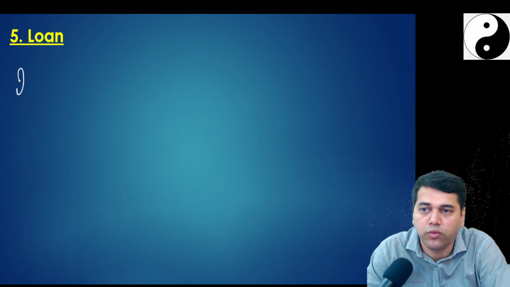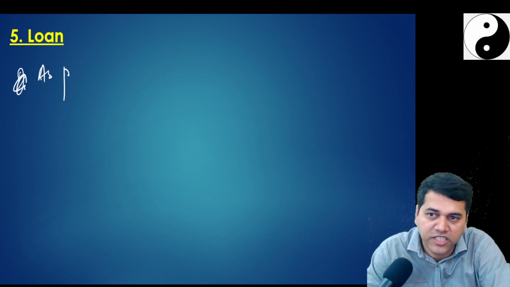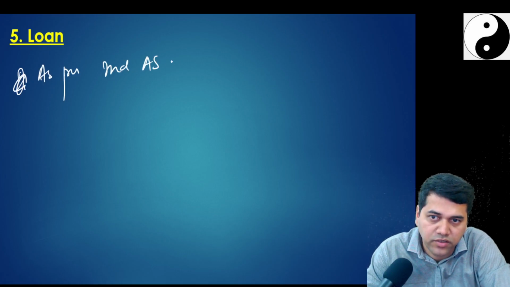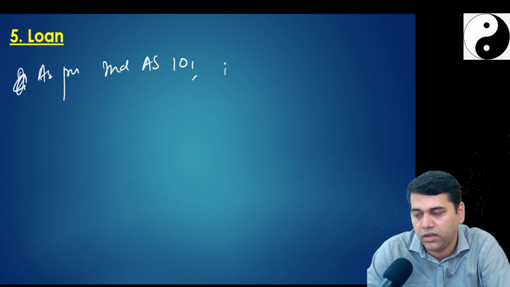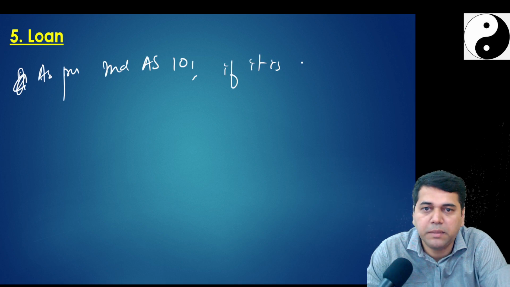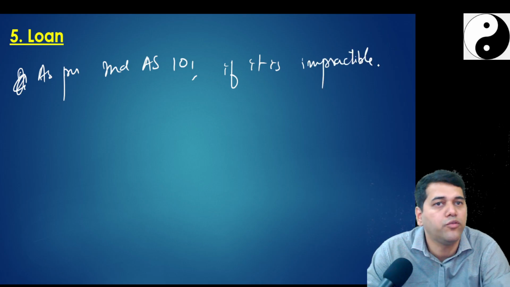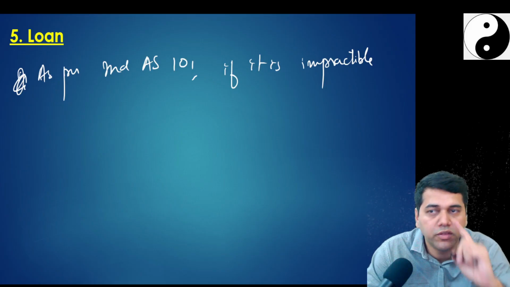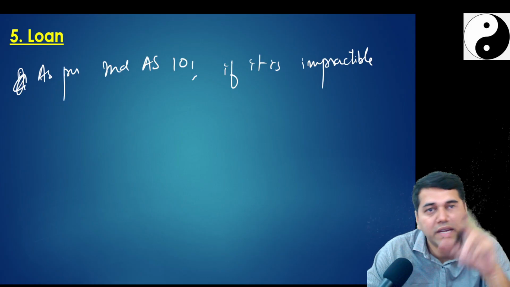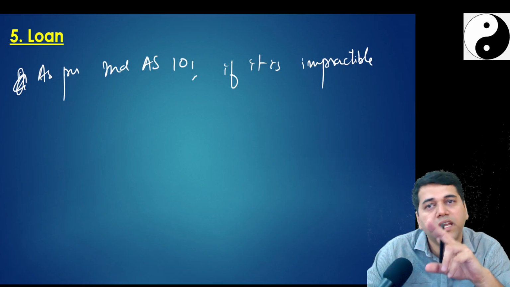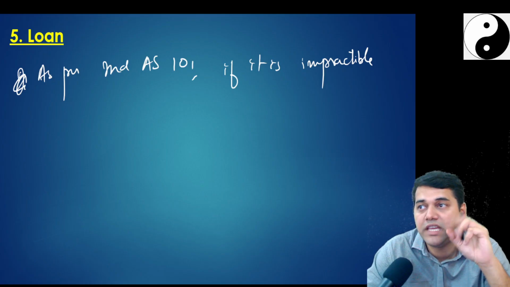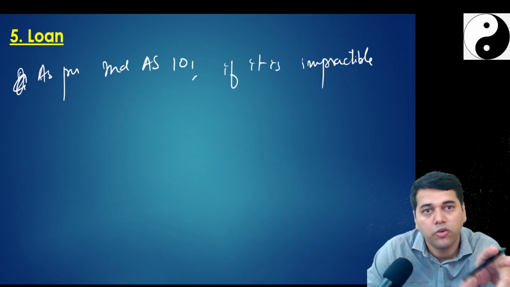As per Ind AS 101, if it is impracticable... because see, loan we never came across, no? Always we came across government grant, we came across compound instrument, equity and loan, government grant with the loan.